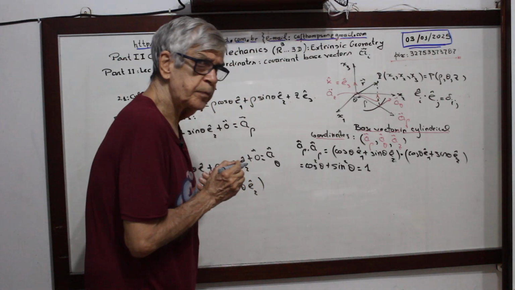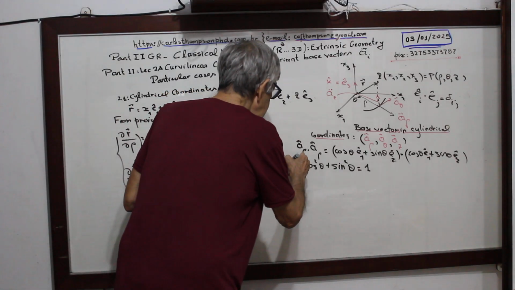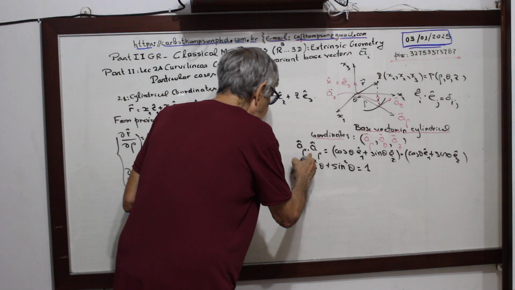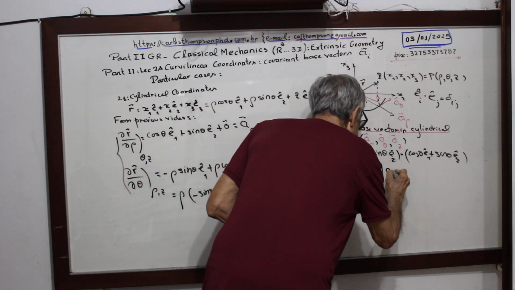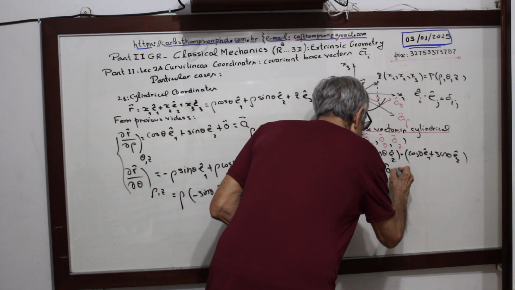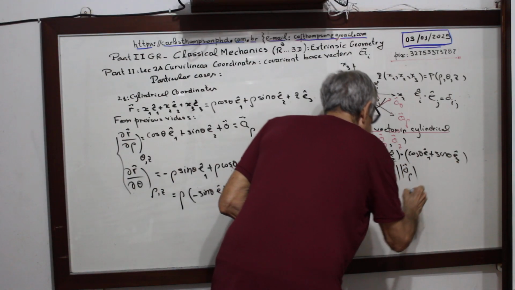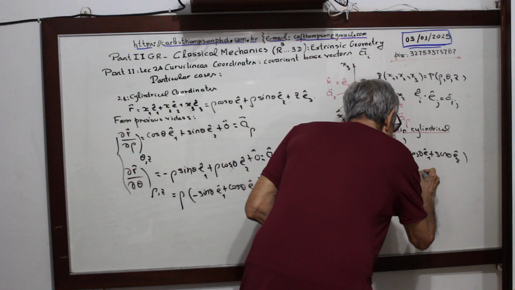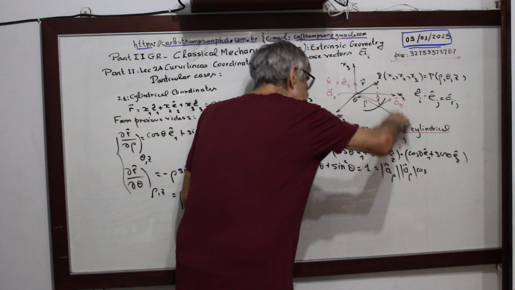Now, do you remember the definition of dot product? So A rho dot A rho will be the magnitude of A rho times the magnitude of A rho times the cosine of the angle between A rho and A rho.